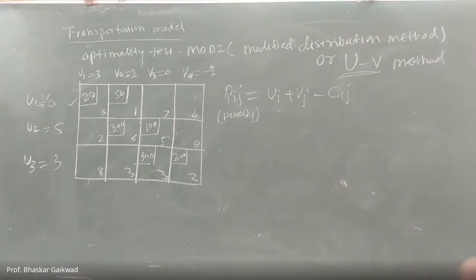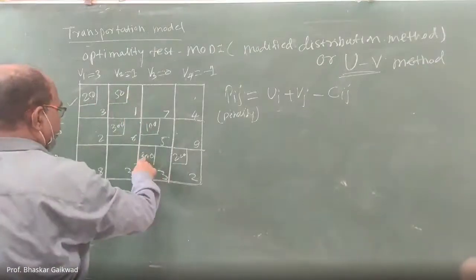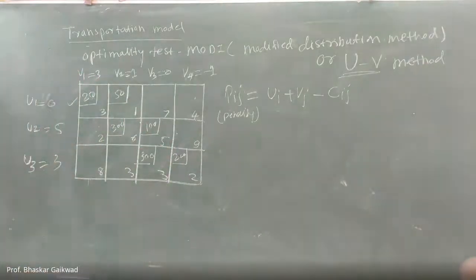So by using this, you have to consider the unallocated cells. Unallocated means these cells are not allocated. Only unallocated cells you have to consider.